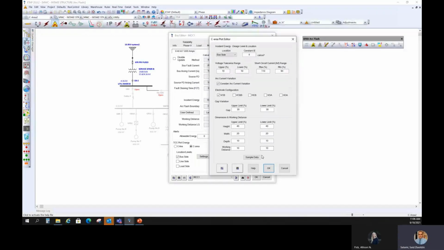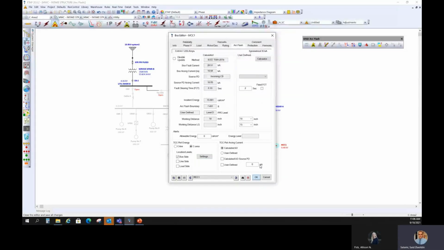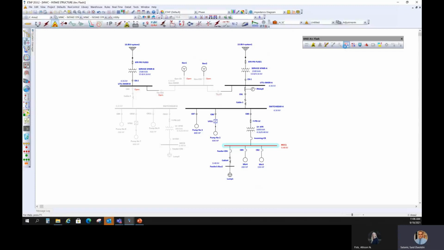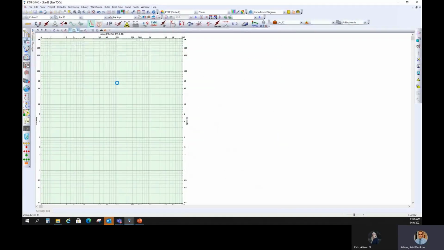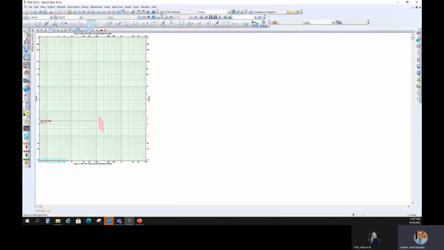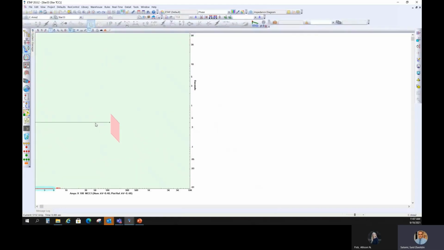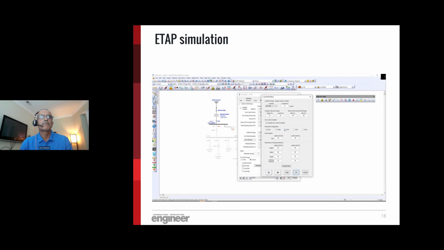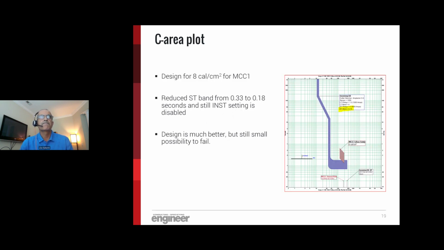After you populate this information as parameters, you can look into the C area plot and evaluate the area of concern. Here is what we have, as presented. As you notice, this is how we are able to create that C plot within the TCC.